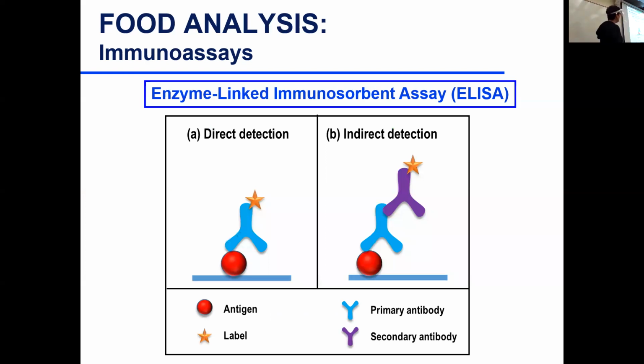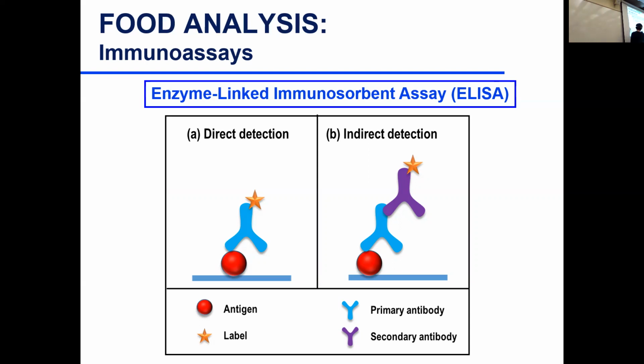So two types of ELISA. You have the direct. So here's your antigen, here's your antibody, and here's your enzyme or label. Usually it's your enzyme. And then you add a substrate, the enzyme converts the substrate to product, and then you measure the absorption.